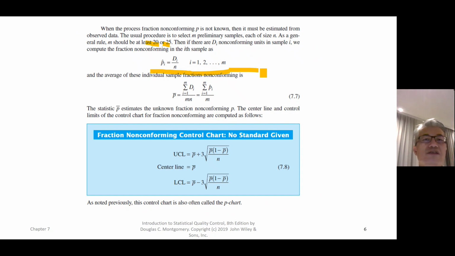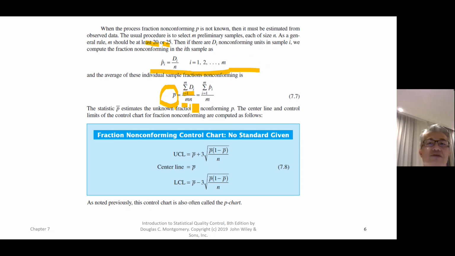The average of these individual sample fractions non-conforming is denoted by P bar, the summation of Di divided by m n. Here m is the number of samples, and n is the sample size for each sample point. So the statistic P bar estimates the unknown fraction non-conforming P.